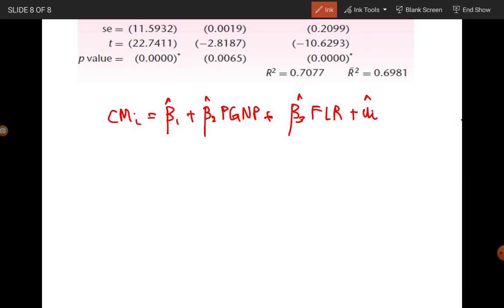That is the estimator of the population disturbance term, that is UI hat. So this was the model that was estimated, and those are the results that we got.